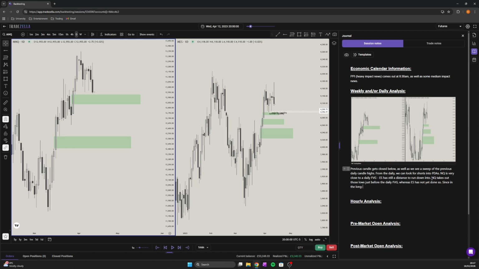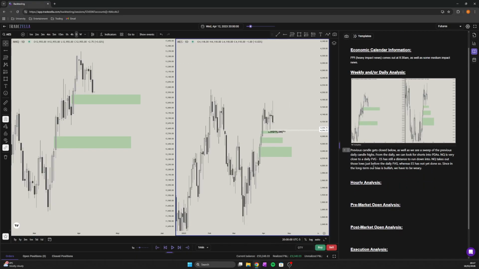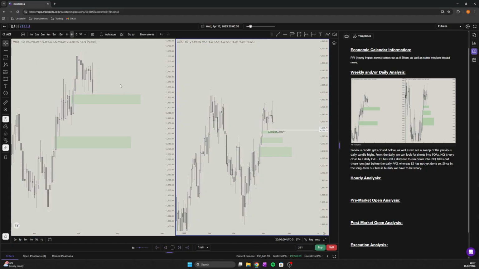Since in the long term bias is bullish, we have to be wary. Because this could simply tap in very quickly, or we could have an SMT and actually move off higher in the day. Simple as that. No more additional thought process when it comes to it.